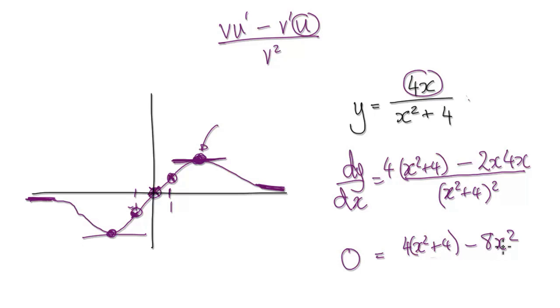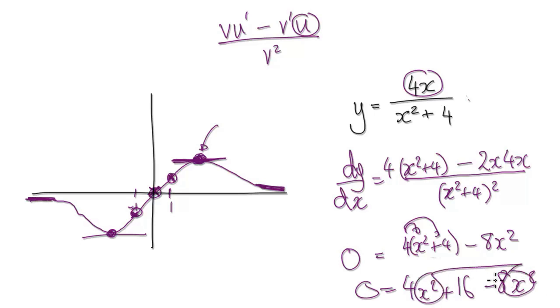And now I want to get x on its own. Let's multiply this out. That would be 4x squared plus 16 minus 8x squared. And x squared is like me saying 4 elephants take away 8 elephants, so that would be -4 elephants.